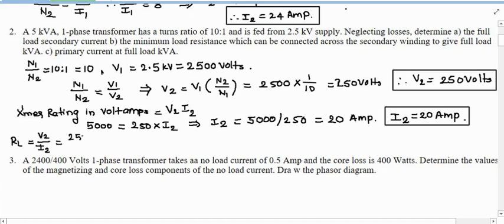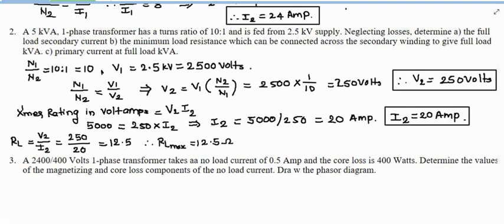So secondary voltage we got 250 volt divided by secondary current 20. So the resistance value that I can connect across the secondary is nothing but 12.5. So RL max I will write down here, which equals 12.5 ohm.